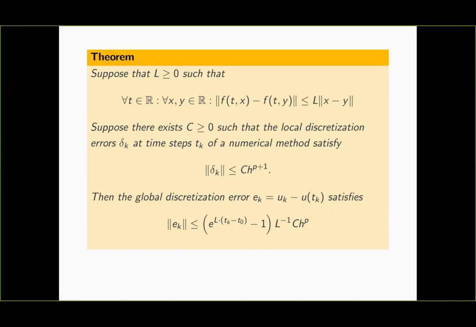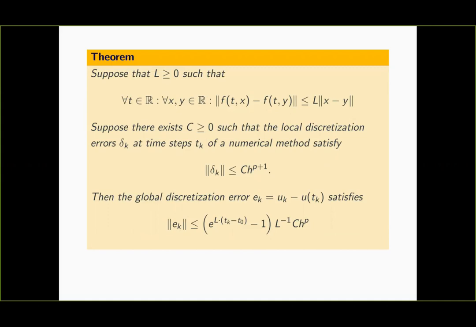As the time tk grows larger and larger, the error estimates get worse and worse, just as usual. On the other hand, as I decrease the step size, the errors converge to 0, and the higher the exponent p, the better. If for decreasing step size the local discretization errors converge to 0 by order p plus 1, then I have something similar for the global discretization errors, and then the global discretization errors converge to 0 by the order p. So in that sense, I lose some power of h as I go from the local to the global discretization errors.